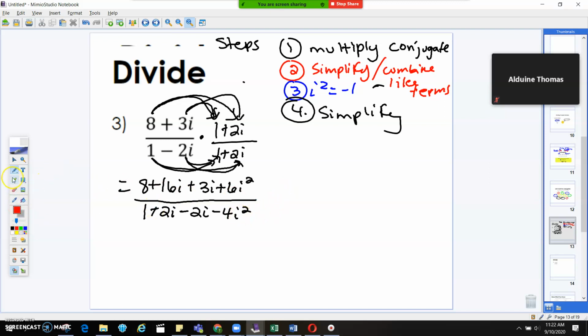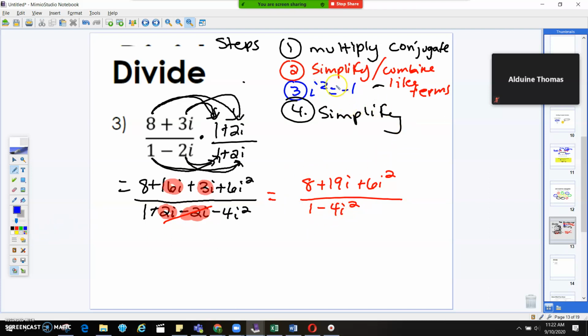And I can see that I've got 16i and 3i in the top and 2i minus 2i in the bottom. So in that top, I've got 8 and 16i plus 3i is going to be 19i plus 6i squared. In the bottom, we've got 1 and 2i minus 2i is going to cancel out, and I'm going to get negative 4i squared.